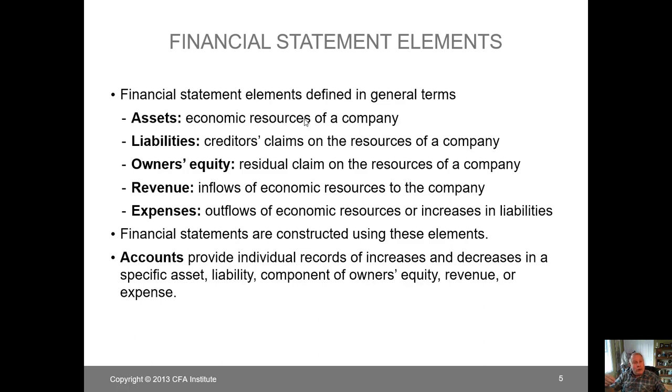Okay? Revenue is the inflow of economic resources, cash. Wherever we see economic resources, think about cash. Expenses is outflow of economic resources, think cash, or increases in liabilities. Financial statements are constructed using these basic elements, these 5 elements. Okay?